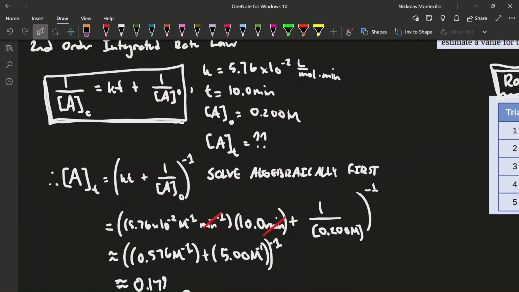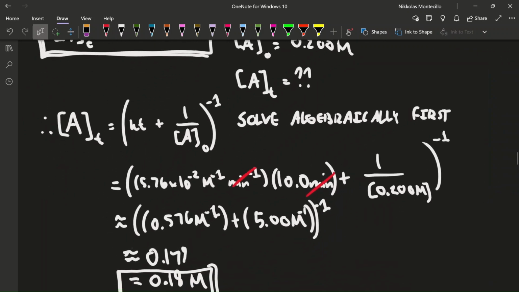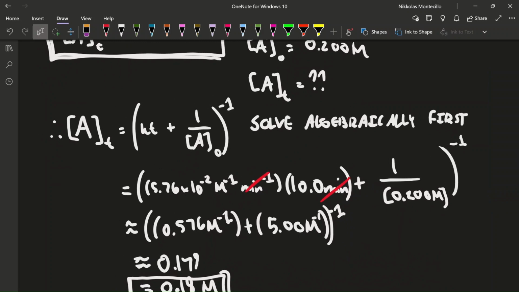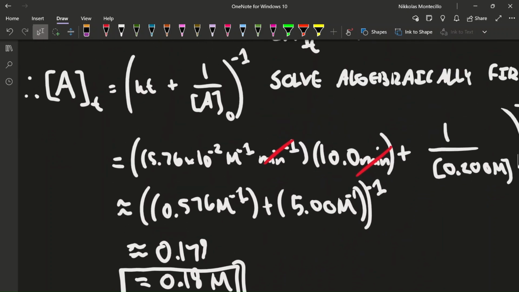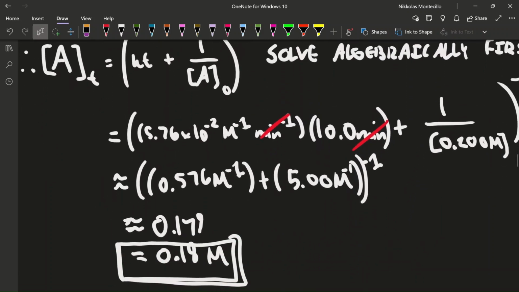So I've plugged in the values and found the resulting values after the first calculation.